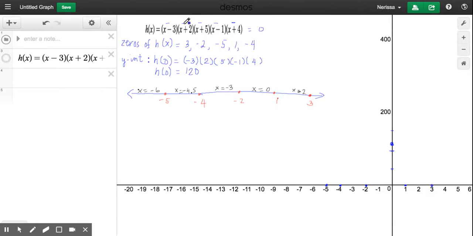So now negative times negative is positive, times negative is negative, times negative is positive, times negative is negative. So here h of x is negative, therefore the graph must be below the x-axis.